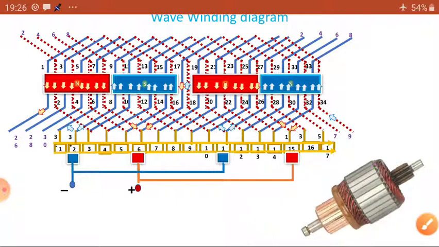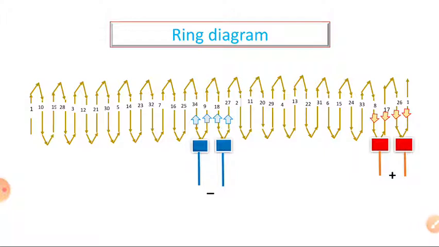So this is the total winding diagram, given winding. Okay, then the ring diagram, a simple ring diagram, just showing the conductors connected. Simply where the current direction is going from the commutator segments, we take negative and that is positive. So this is the total wave winding diagram.